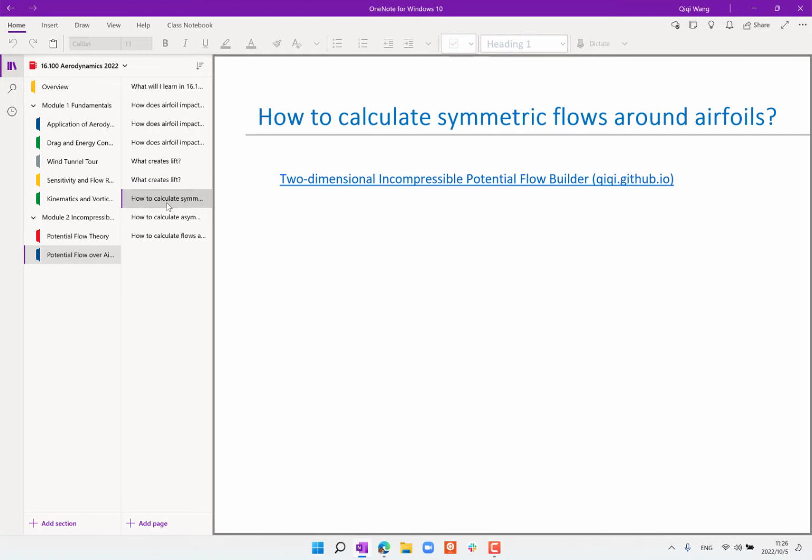That's how to calculate symmetric flows around airfoils. If you click the link at the top, you should be able to get to that web page.